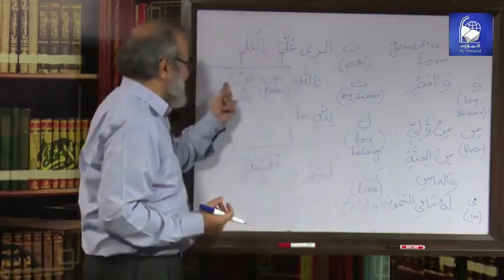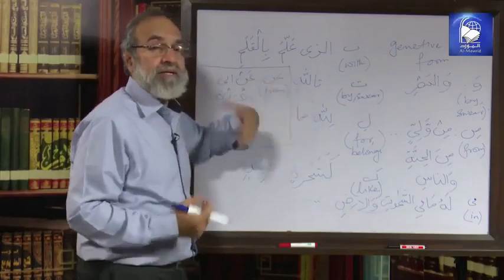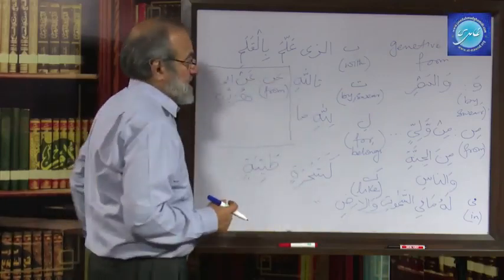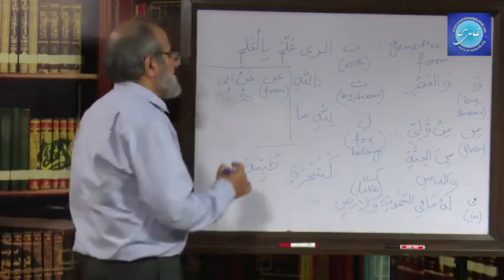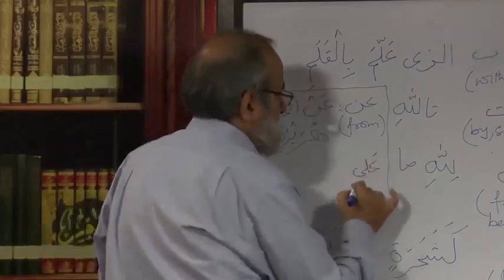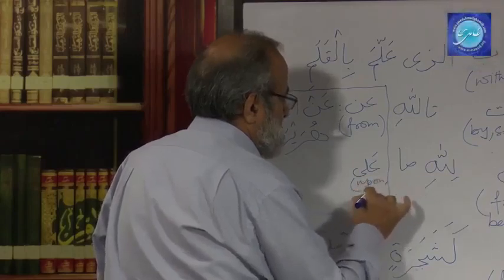So here it's Jar, and this Jar has been required because of an, which again is Harf Jar. After an, we have ala. Ala means upon or on.